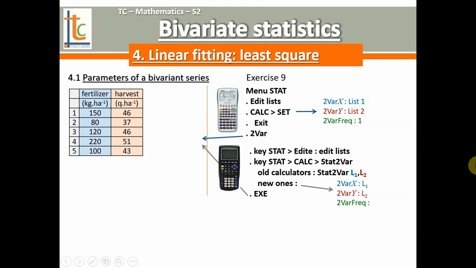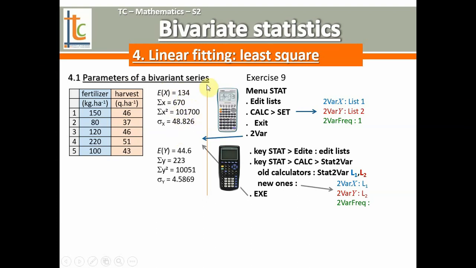Okay, if you do that correctly, you will obtain this kind of results displayed by the calculator. Maybe not E of x, but x bar. Okay, I just wanted to show you another way to denote the average value of some variable. And the numbers are these ones.